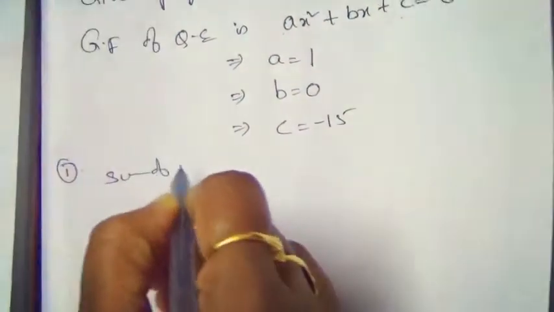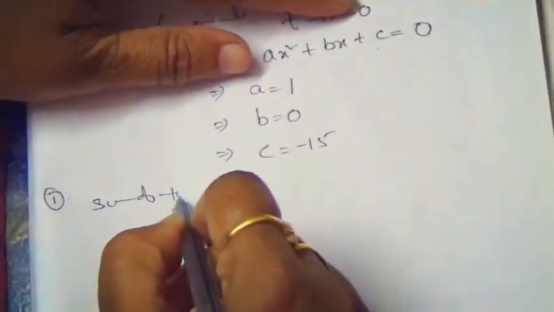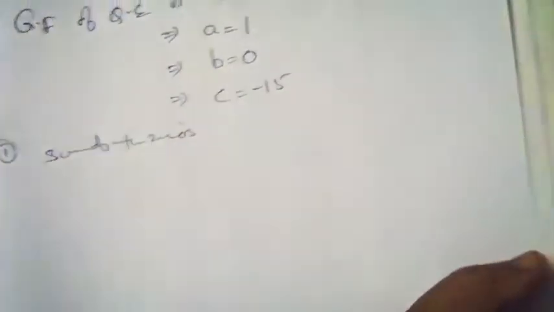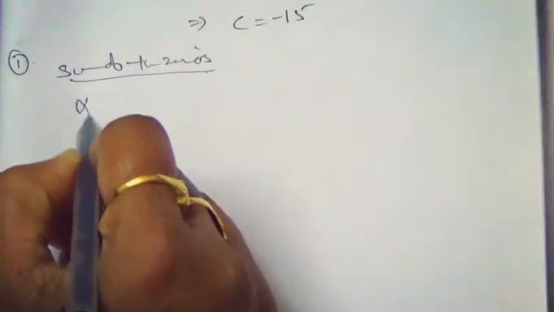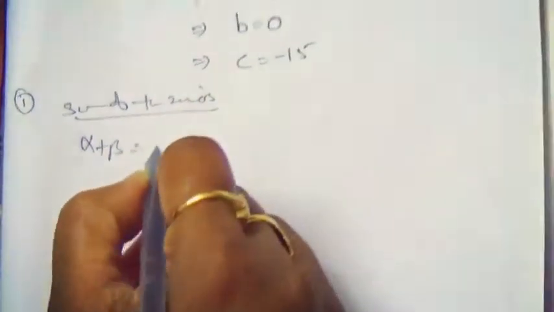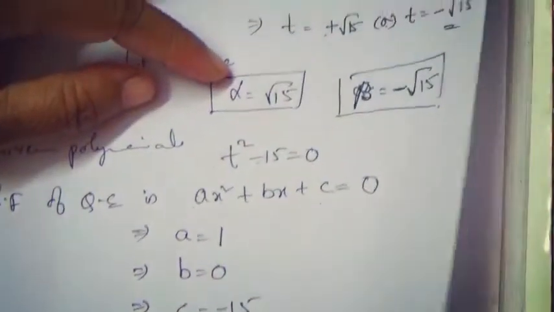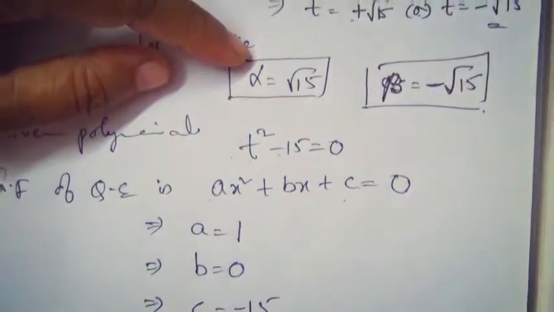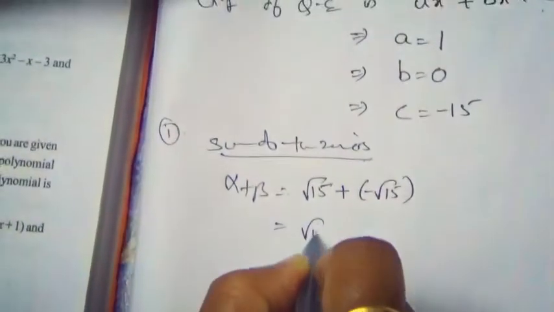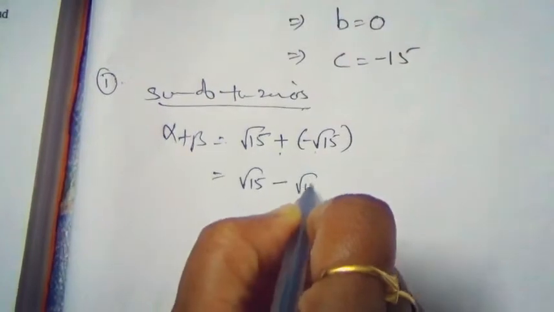So first of all we have the sum of the zeros, right? What is the value of the sum of the zeros? Alpha plus beta is equal to square root of 15 plus minus square root of 15.